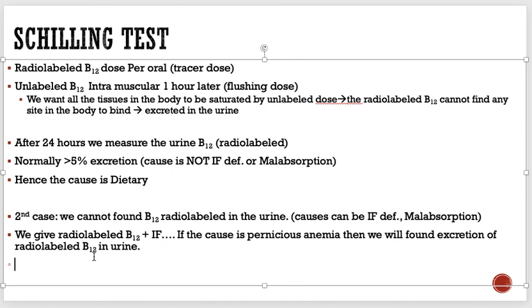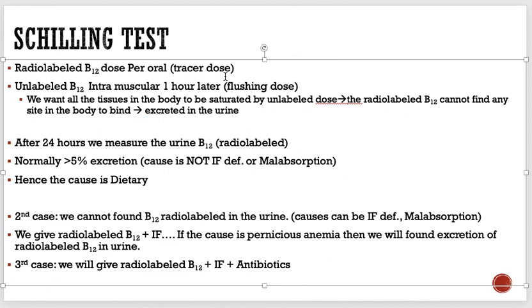But for example, in the third case, we still cannot find radio-labeled B12 in the urine. We will give radio-labeled B12 plus intrinsic factor plus antibiotics.